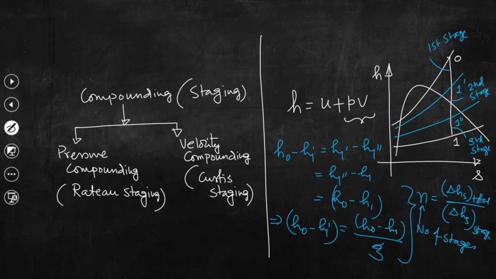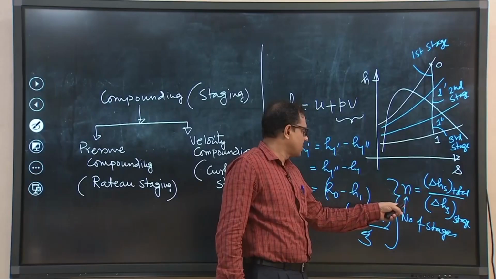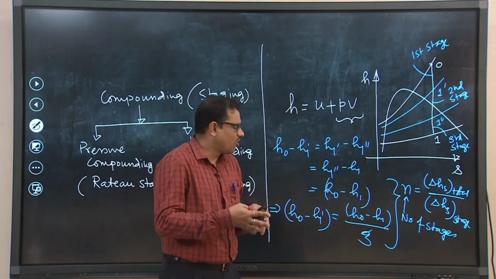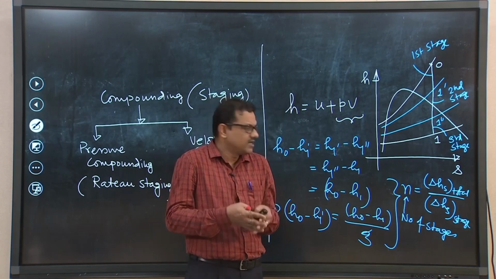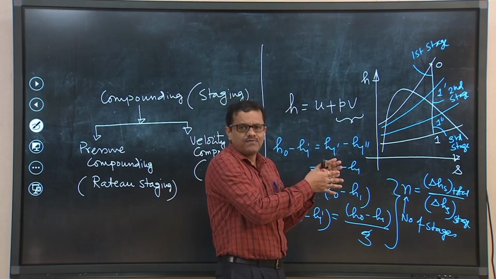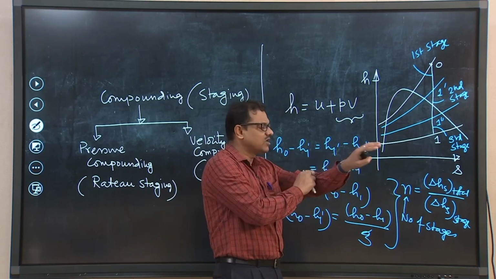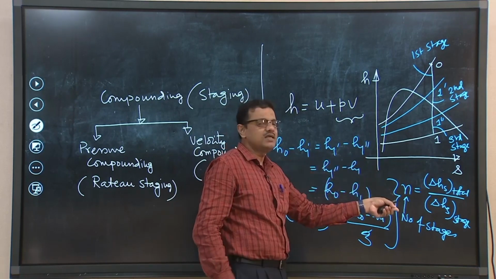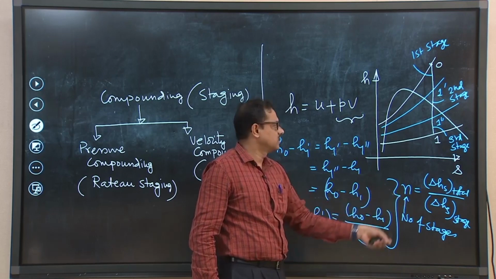So, basically you can see that it is very important to determine how many stages are needed to utilize the total enthalpy drop while at the same time eliminating all these problematic issues, and this can be calculated from this.